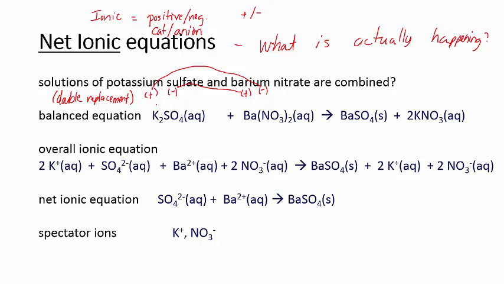In this one, potassium we knew was a +1, sulfate is -2. I didn't need it here because it's already done, but this is a reminder of what to do if I only give you half of the reaction and you have to write the products. Over here, barium was a +2, nitrate was a -1.